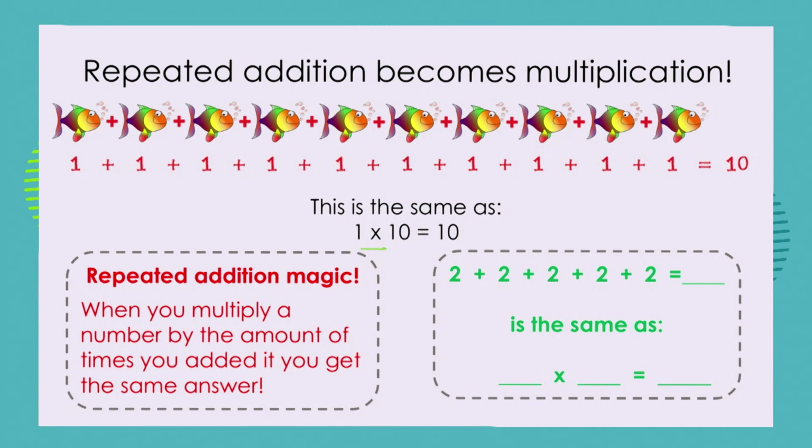So let's look over here. If we say 2 plus 2 plus 2 plus 2 plus 2, it is going to give us 10. And if we say 2 times, how many times did we add 2? We added it 1, 2, 3, 4, 5. So if I say 2 times 5, it is going to give me 10.